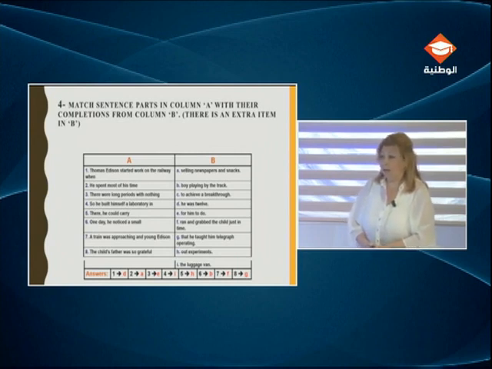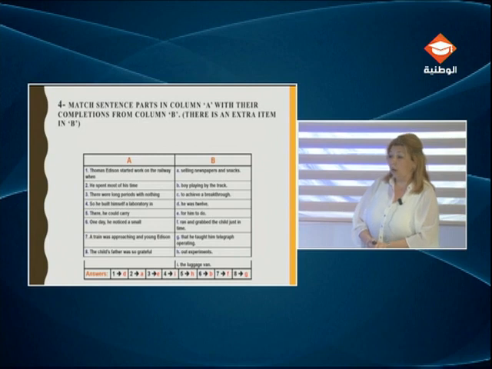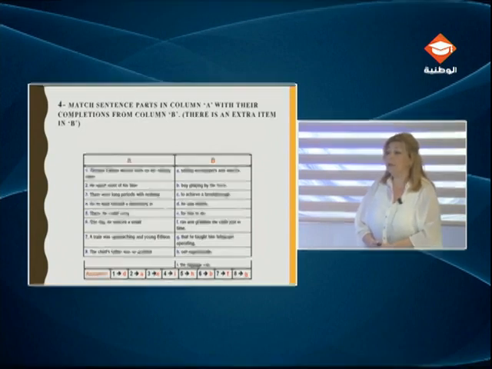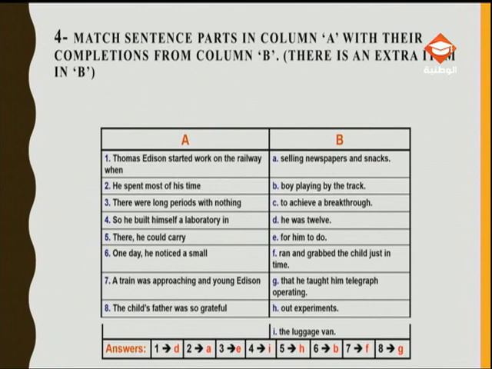One day, he noticed a small... what do I need? I have a small, a plus adjective, so I need a singular noun. A small boy playing by the track. One day, he noticed a small boy playing by the track.